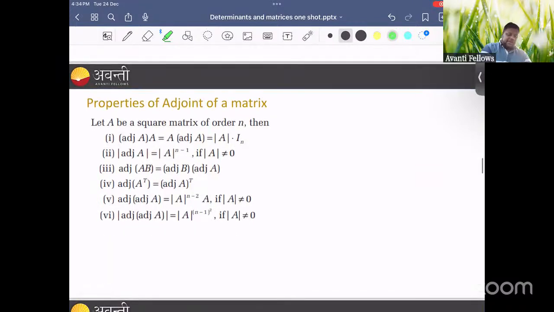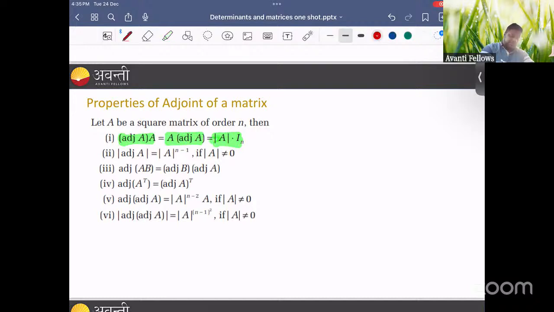Now, properties of adjoint of matrix. A into adjoint A is adjoint A into A, that is determinant of A into In. Got it?